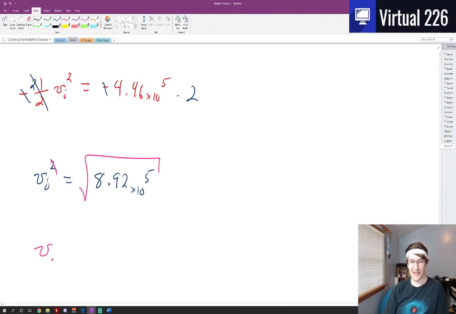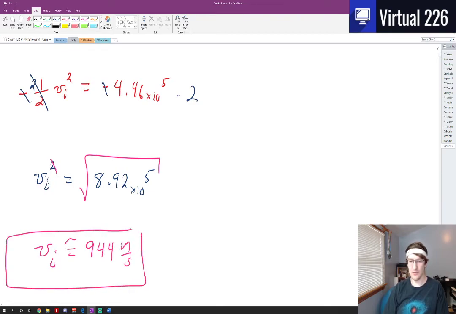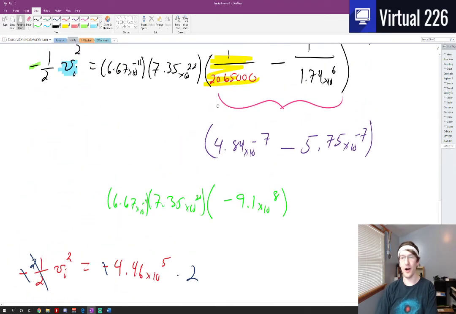And this gives us that our initial velocity really needs to be somewhere around, because we rounded a little bit, 944 meters per second.